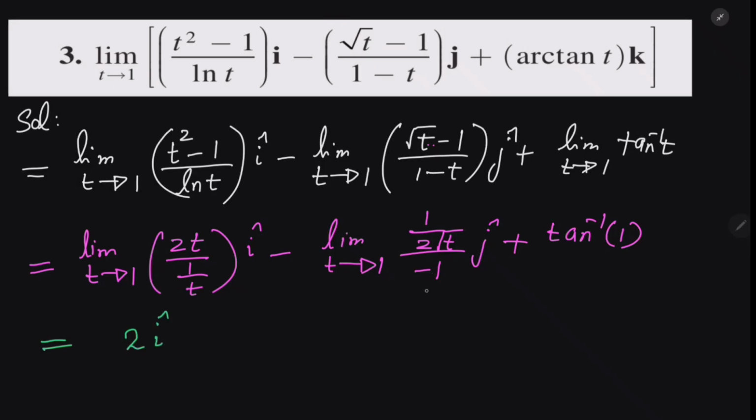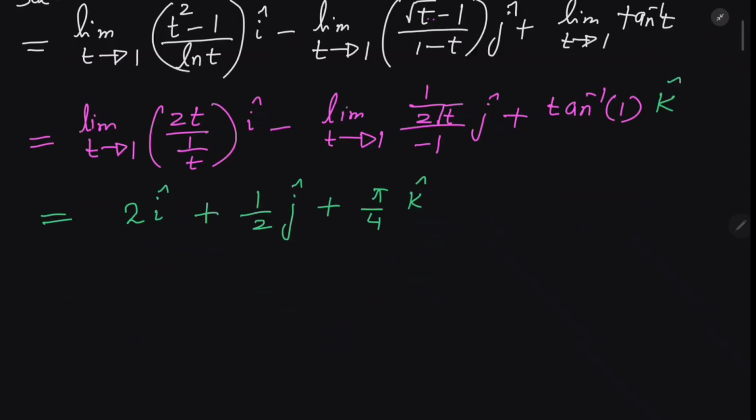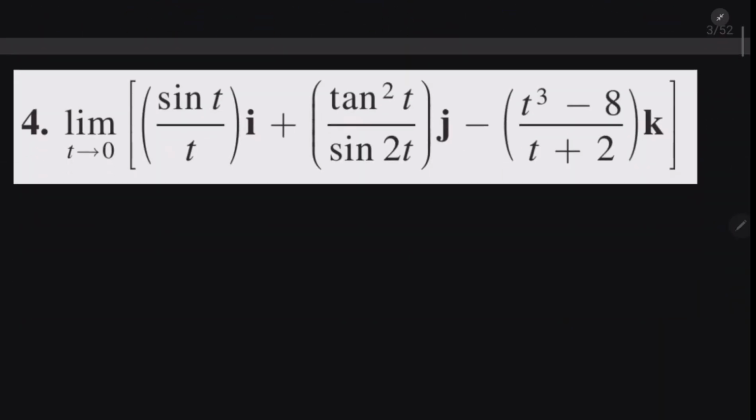In the second case, we have minus minus plus 1 by 2 j, and the last one is plus pi by 4 k unit vector. This is question number 3 for you.